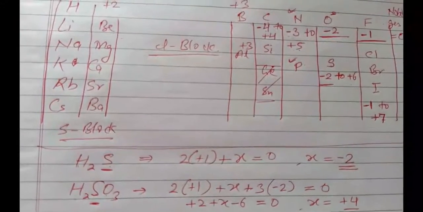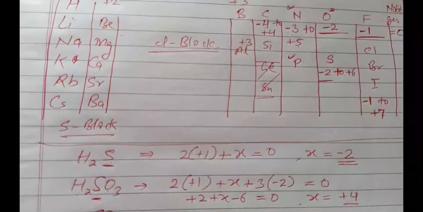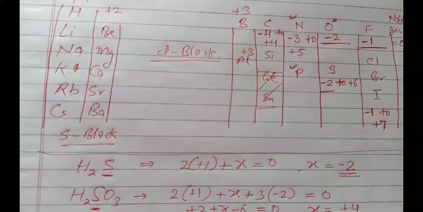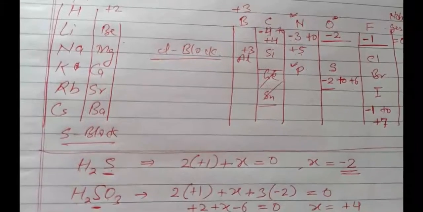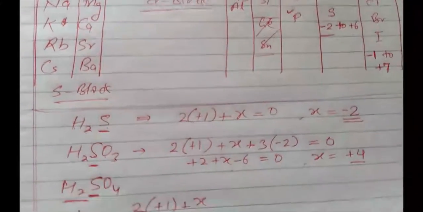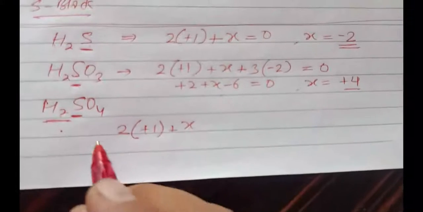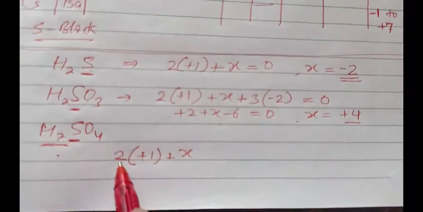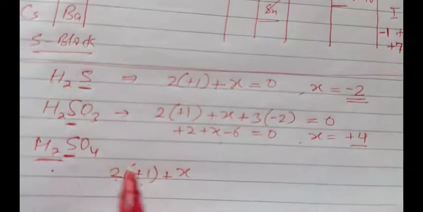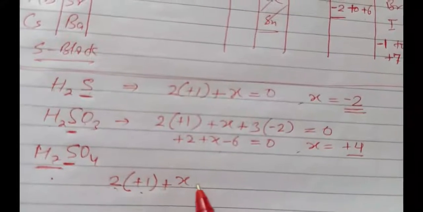Here you solve by yourself. Try. So, in H2SO4 we write 2 first, then +1, the oxidation number of hydrogen. For sulfur we don't know, that's why we write +X.